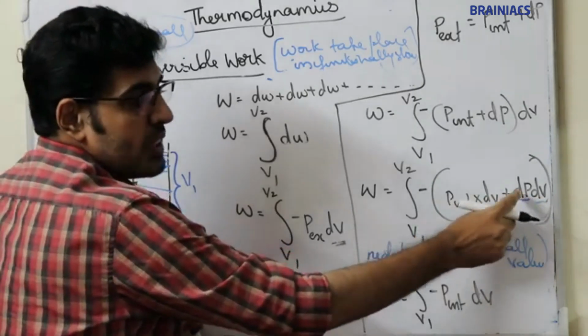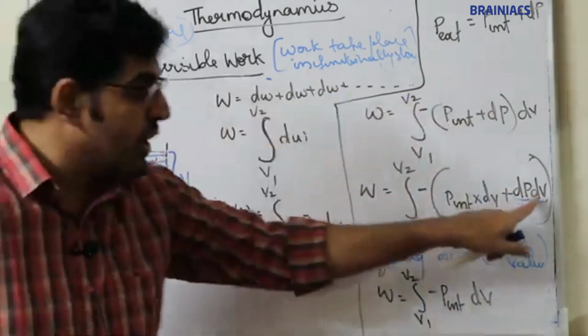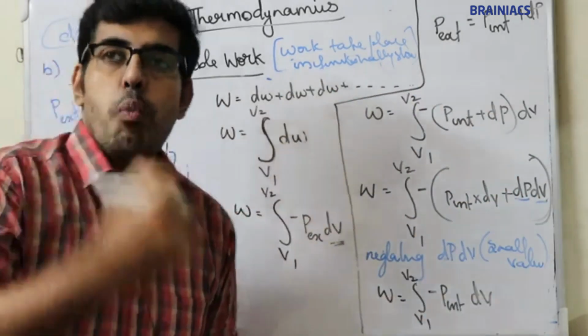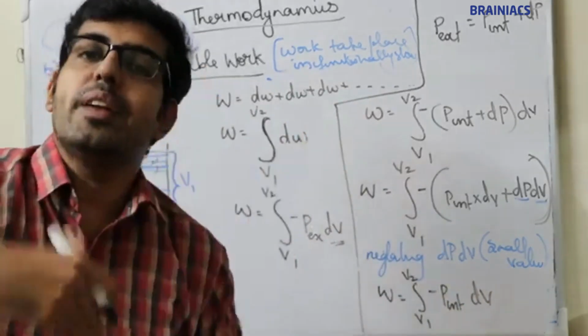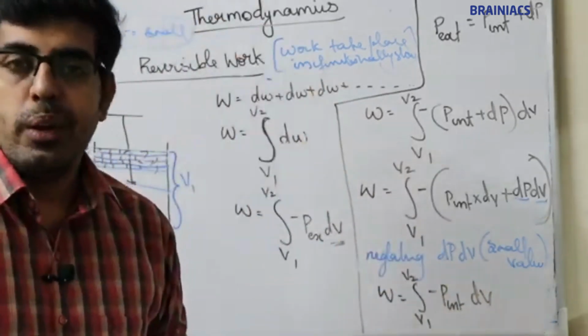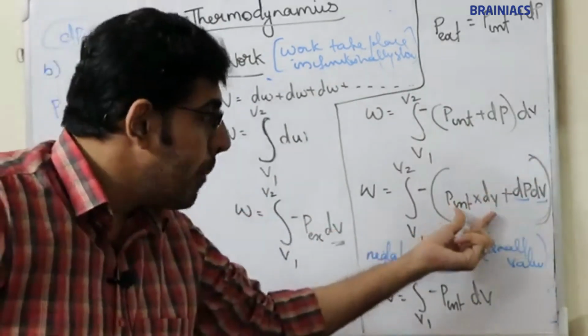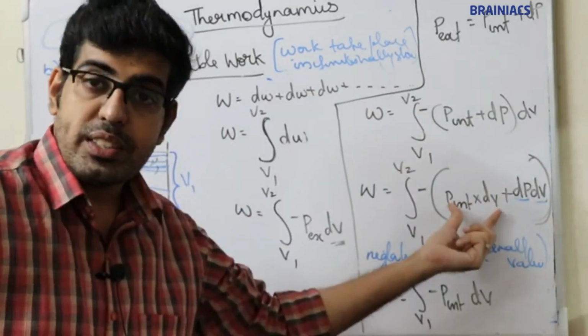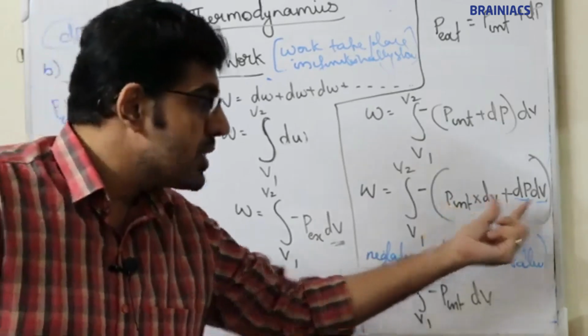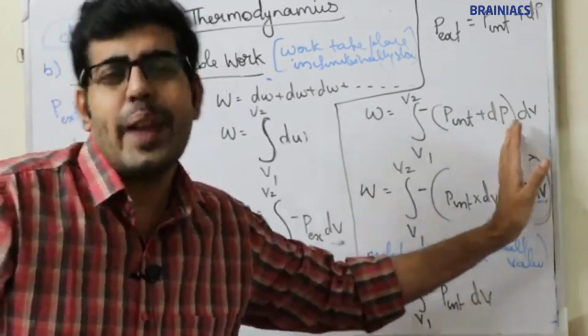Neglecting this value because dP is a small change in pressure and dV a small change in volume. When you multiply two small values, you will get another small value, right? So you can neglect this value because compared to P internal dV, it is very small.